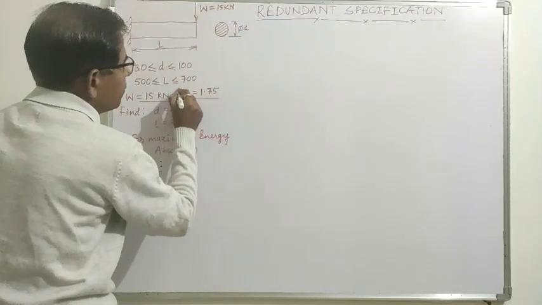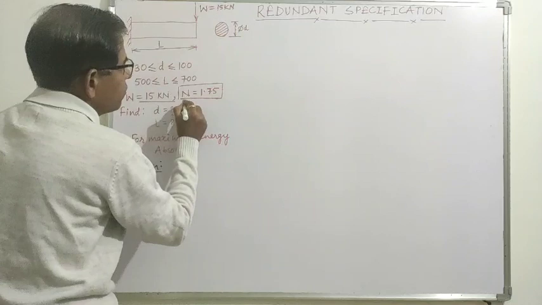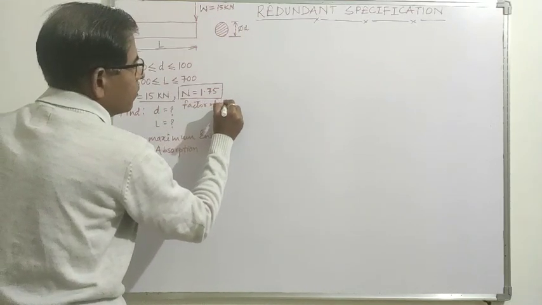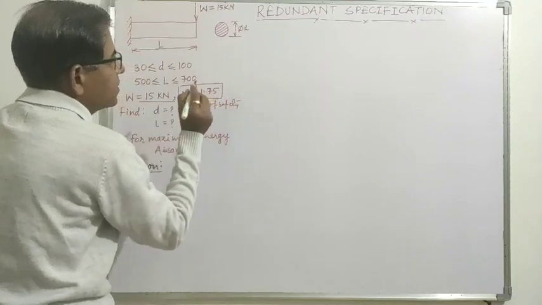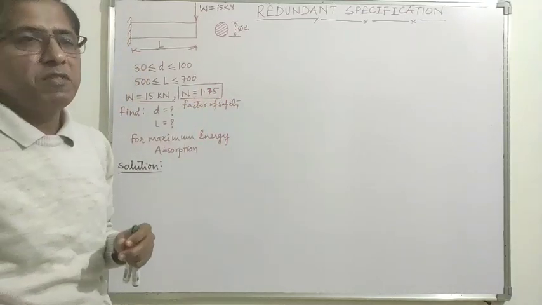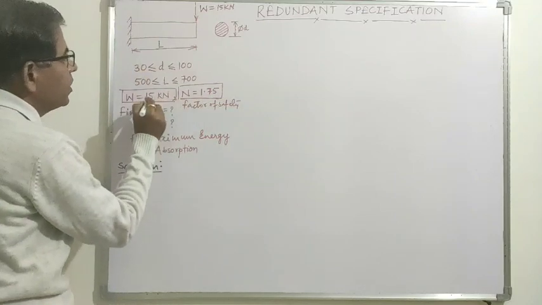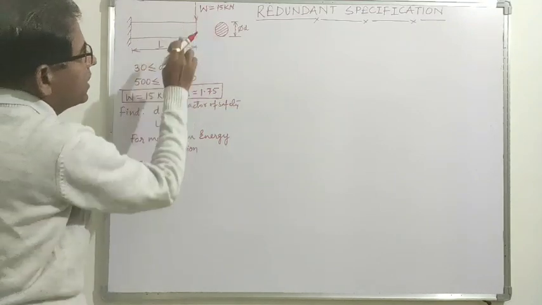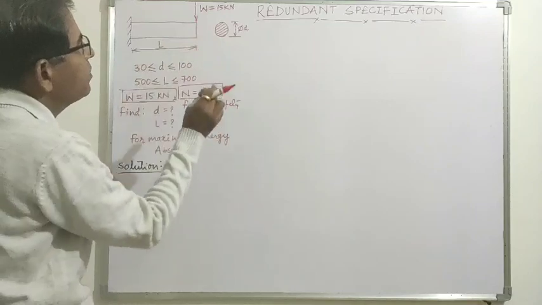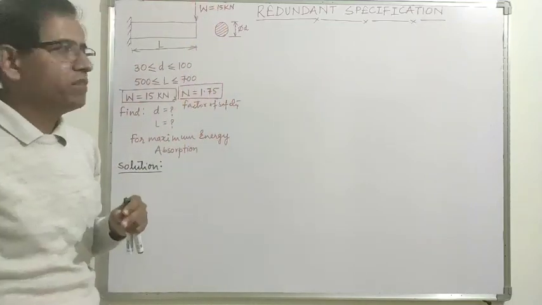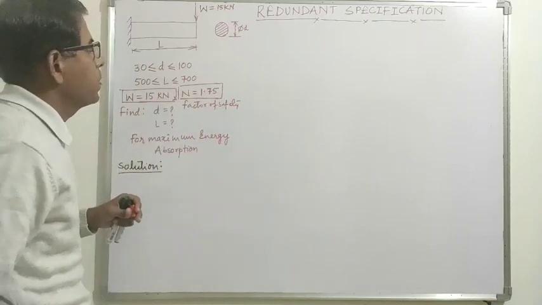And the factor of safety is given as 1.75. So these two parameters are given in the problem. One is the force acting at the free end of the cantilever beam, that is 15 kilonewton, and another one is the factor of safety, 1.75.